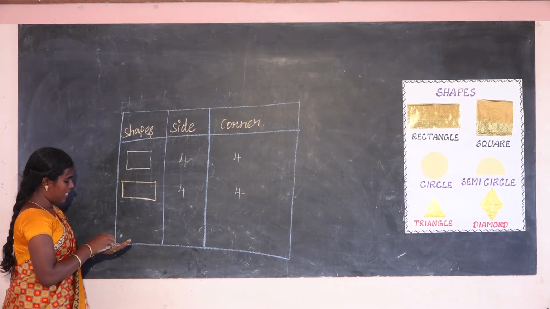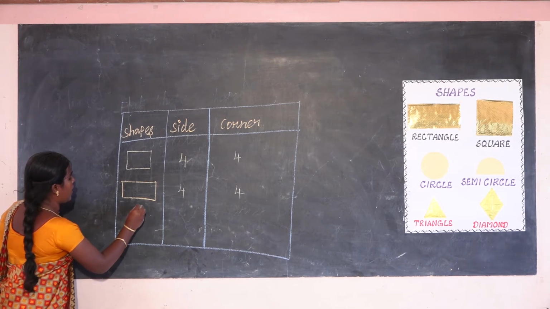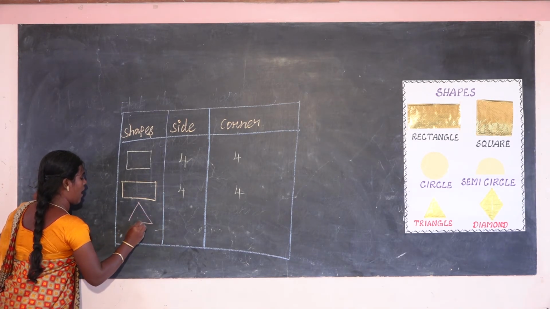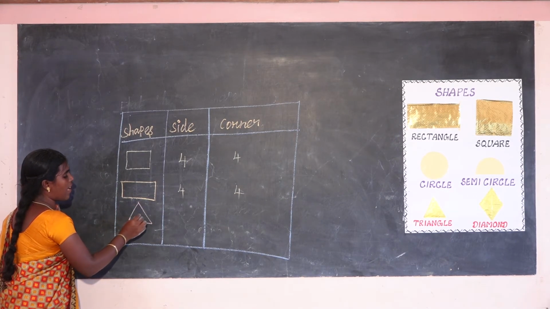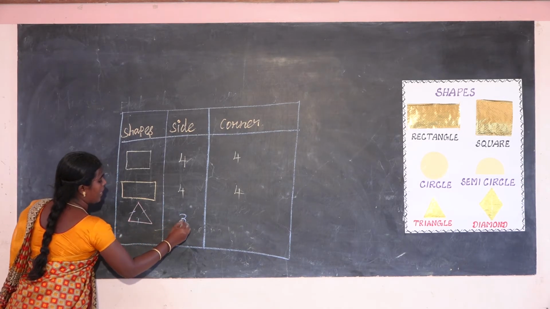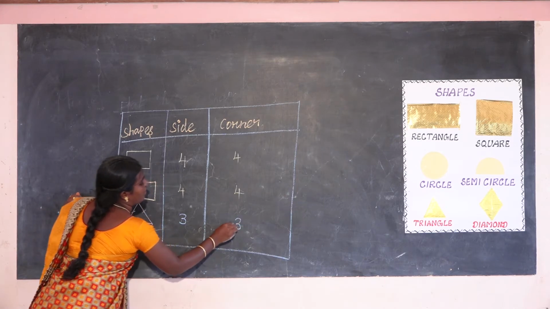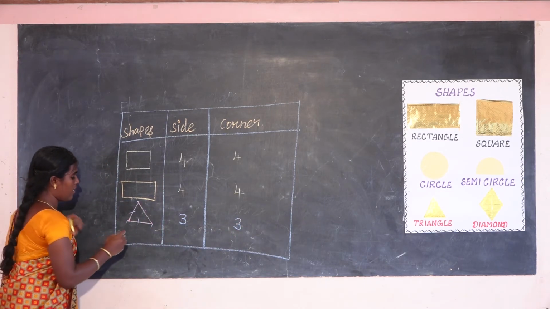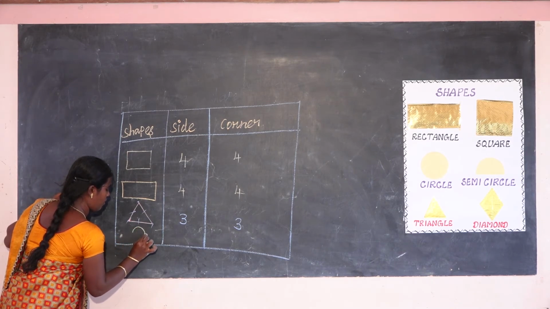Next one is triangle. Yes. How many sides are there? 1, 2, 3. 3 sides. How many corners? 3 corners. Next one is circle.